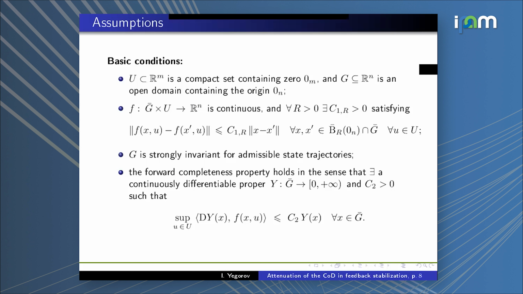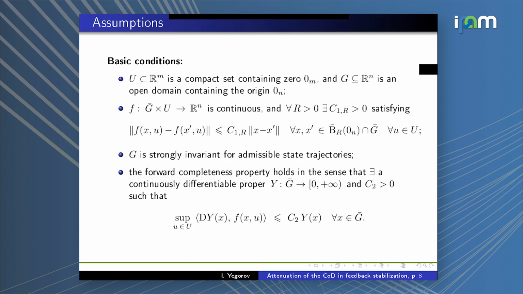And for many systems, our conditions may not be satisfied in the whole n-dimensional real vector space, but they can be satisfied in a certain strongly invariant domain. So it may be bounded or unbounded, but it may be such that everything is satisfied there.